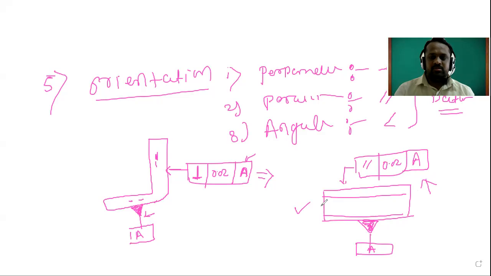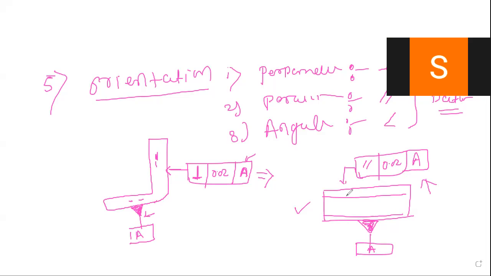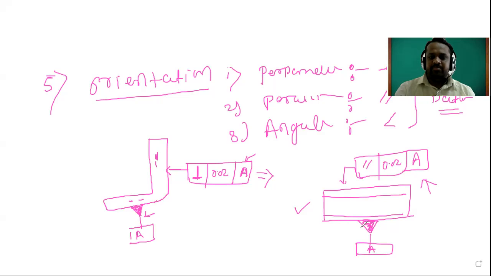Yes, Asmita, what is the meaning of this? Parallelism should be within tolerance 0.02 with datum A. Means what? With datum means what? This surface should be parallel with this surface. Okay, this surface should be perpendicular with this A surface like this. This is the meaning of that datum. Okay, understood? Yes, sir.